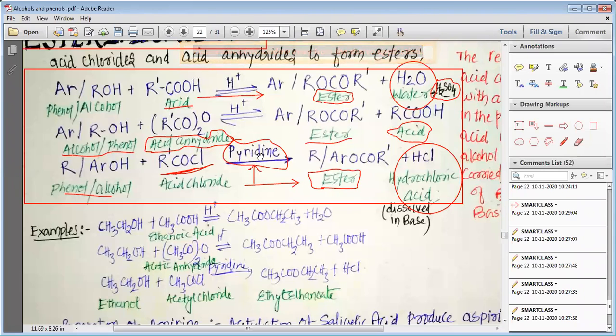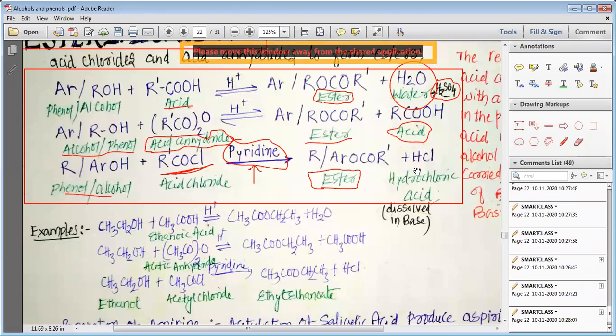This pyridine is a basic substance and this hydrochloric acid is dissolved in the base, pyridine, my dear students.